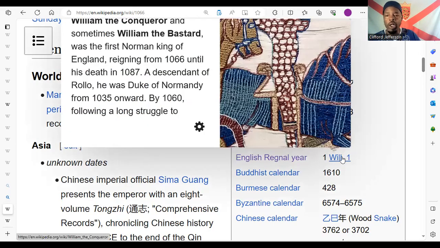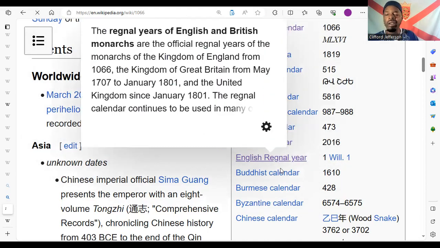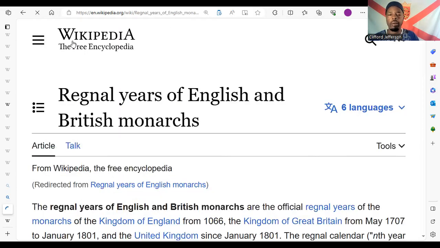Everybody see that? William the Bastard. So this is when all the children became bastards, because you lost your right to descend from those who were identified with the gods. You became a bastard. You were cut off as a result of what we call the English Regnal year, and the English Regnal year was a result of William the Conqueror, as it just said.